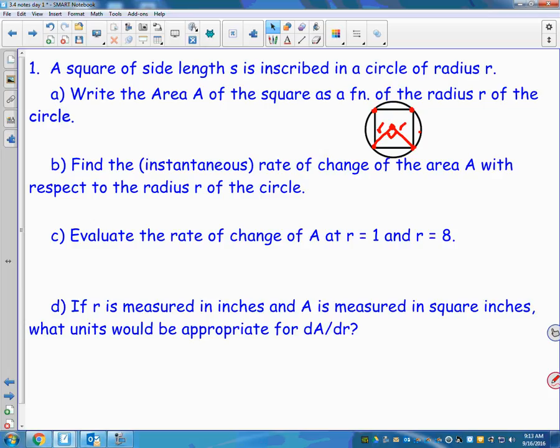Let's just do the Pythagorean theorem since we're not sure. I'm going to call that side S. R squared plus r squared would equal that hypotenuse squared. So 2r squared equals S squared.